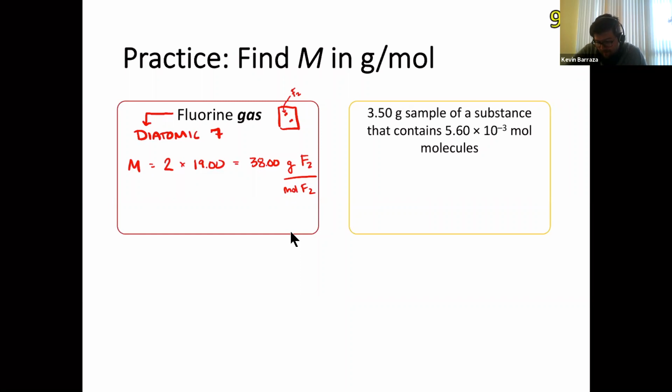So presumably, we can kind of visualize this a little bit: we have a box, and somehow, in this problem, we were able to count that there is a certain quantity of moles of molecules there. And then we weighed those particles, and they weigh 3.50 grams. So what is the molar mass of this substance?